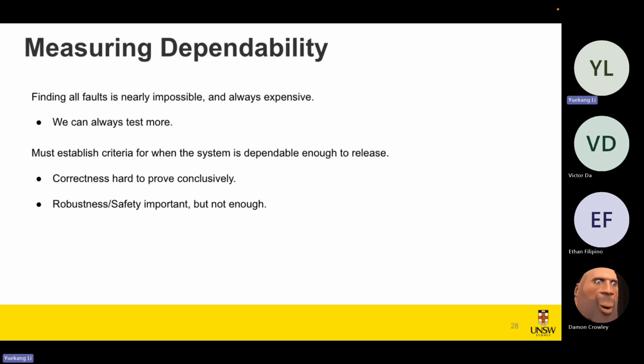Robustness and safety are important, but they are far from enough for measuring dependability because both of them are related to rare cases or corner cases. Robustness is about handling failures gracefully, and normally failures are triggered by corner cases.